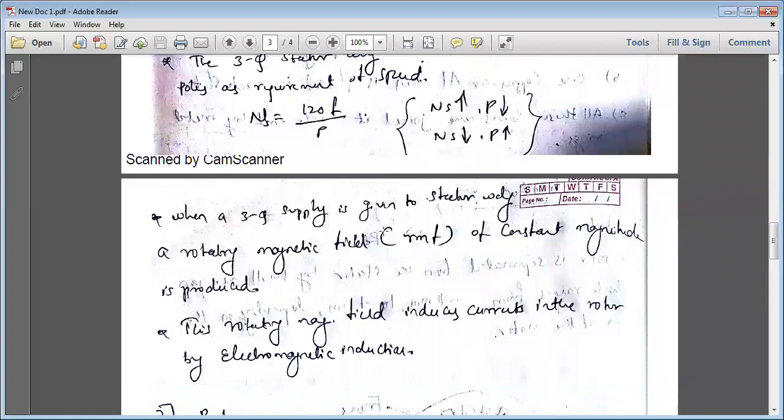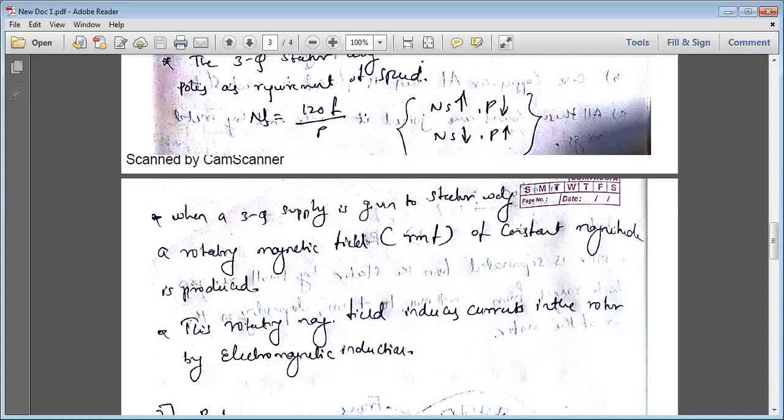And this RMF induces currents in the rotor with the help of electromagnetic induction. So by giving the three-phase supply to the stator winding, whenever current flows through a conductor, a magnetic field is produced around the conductor. That magnetic field is the rotating magnetic field, but its magnitude is constant; it is not variable.